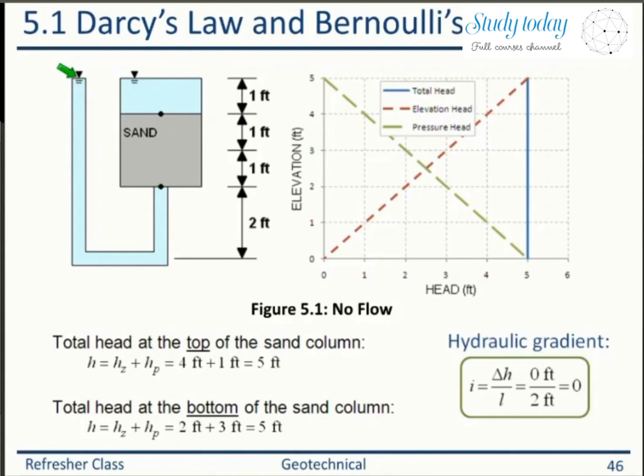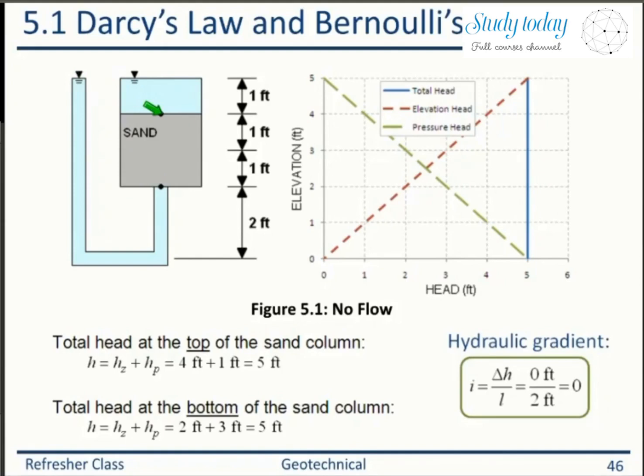The water level in the piezometer inserted at the bottom and the water level above the sand column are at the same level, both in atmospheric conditions. Whenever they are at the same level, there will be no water flowing from up to down or down to up. So your soil is simply saturated, but there is no flow. No flow means there is no seepage.